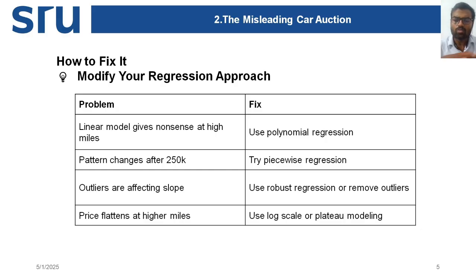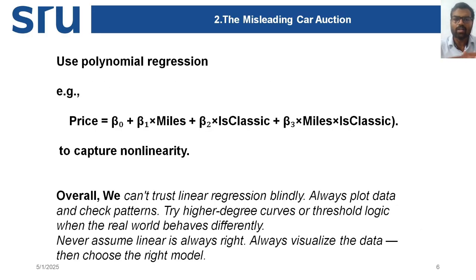So with polynomial regression, we all know that y equals mx plus b, but here it is expanded in terms of miles and classic, and again we are multiplying miles and classic. Classic means what kind of brand the classic car is, and based on that the value is calculated. So non-linearity is considered by using other models, not linear regression in the first place.